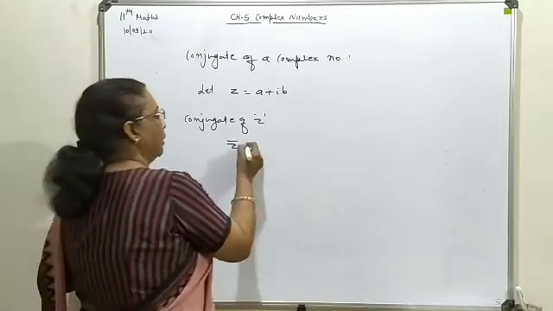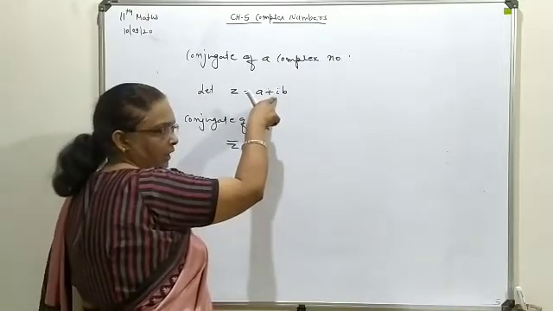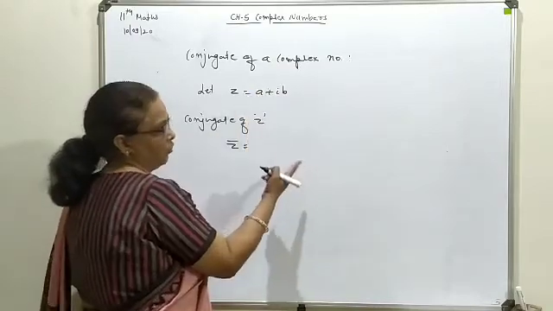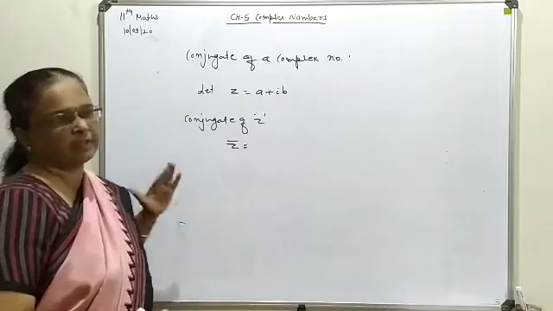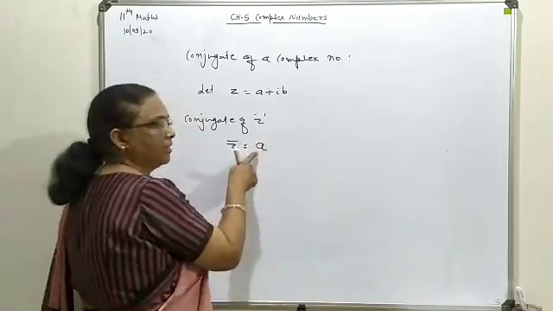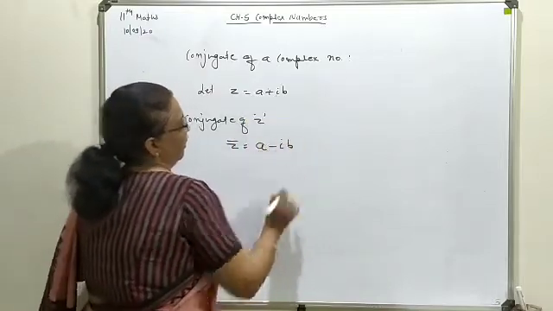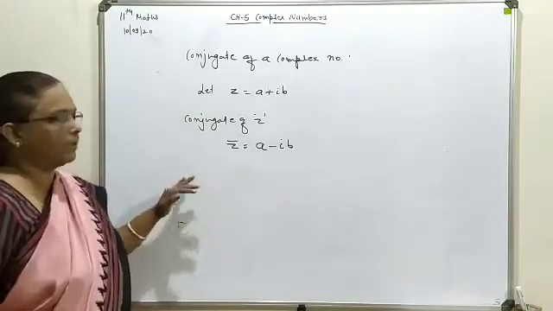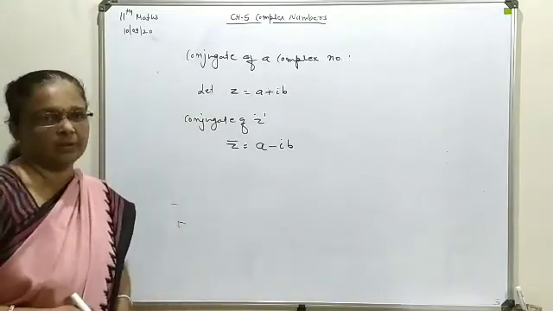Now here conjugate means whatever sign is written before your iota term, it is to be changed. Means if plus is written, you will write it as a negative sign. If negative is written, you will write a positive one. The real part is not going to change. Only for the imaginary part you will be concerned about changing the sign. So this Z bar is expressed as A minus IB form.